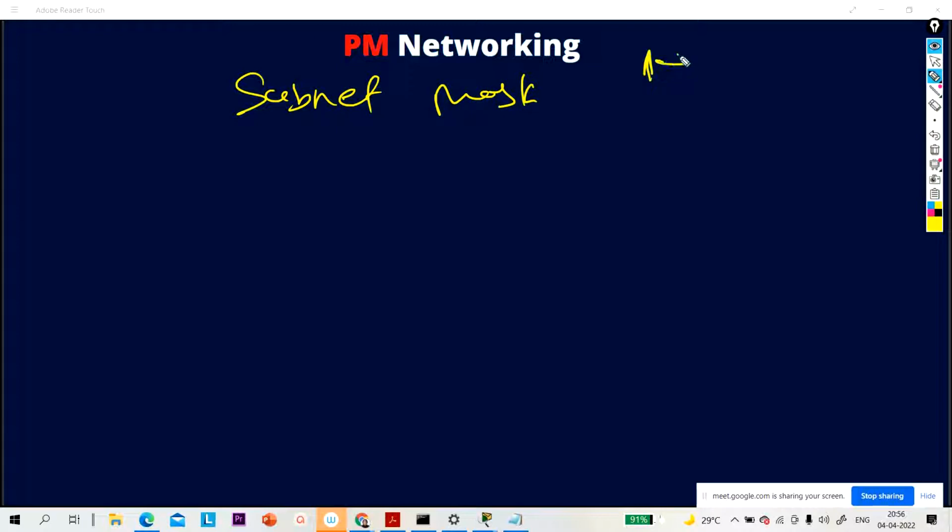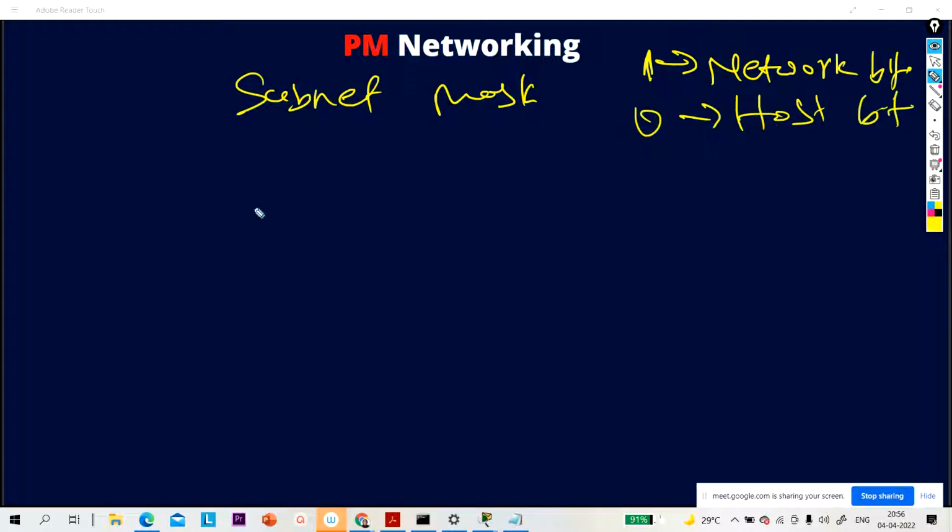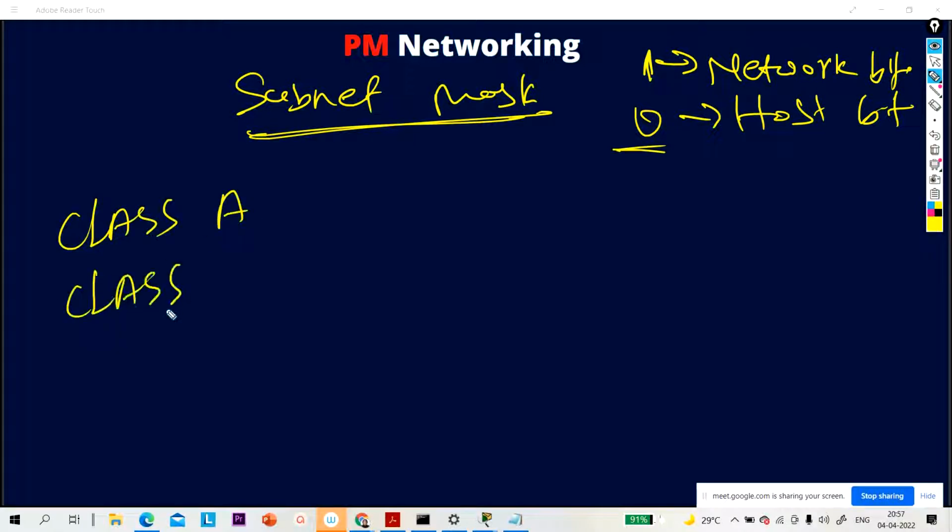Always remember: 1 means network bit and 0 means host bit. Subnet masks are predefined for class A, class B, class C, and for class D and E as well.